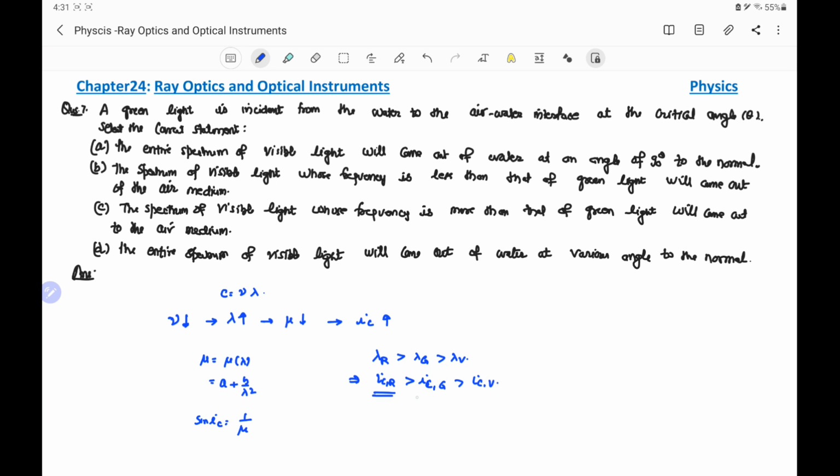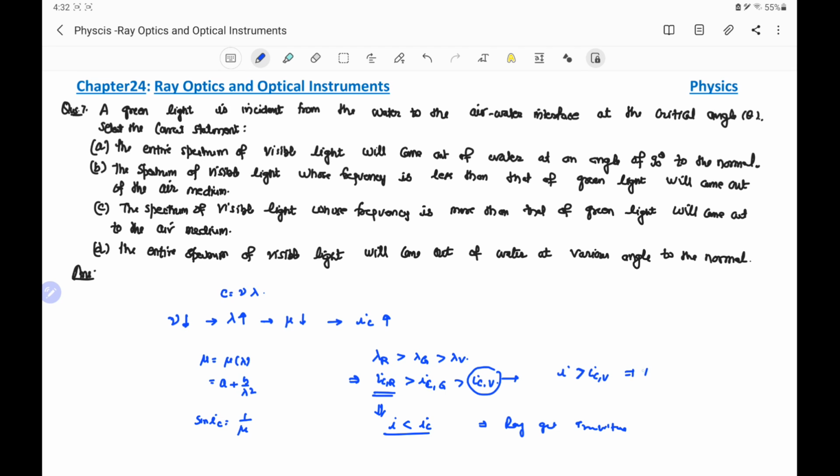So for red color, critical angle is larger than for green color. This implies that angle of incidence will be lesser than the critical angle. So the ray gets transmitted. While in case of the violet color, the critical angle is lesser than that of the green color, so angle of incidence is greater than the critical angle for the violet color.